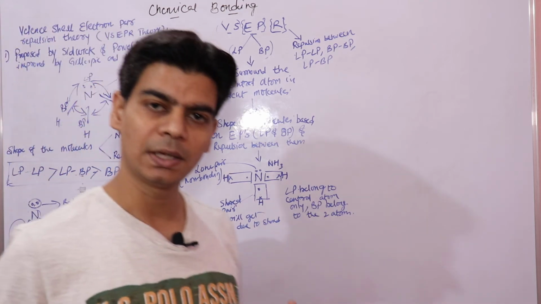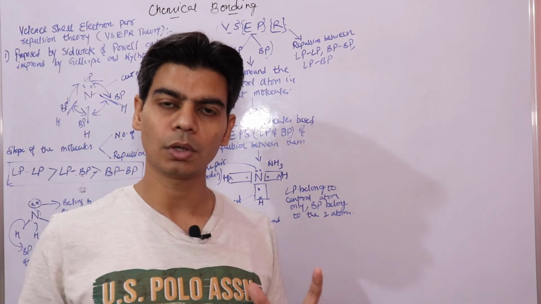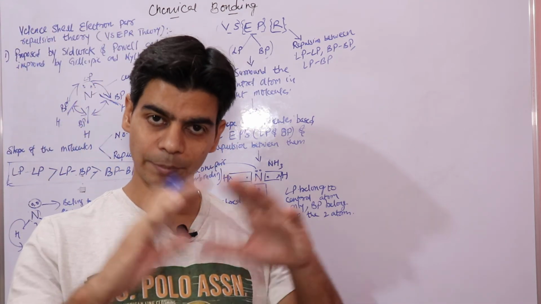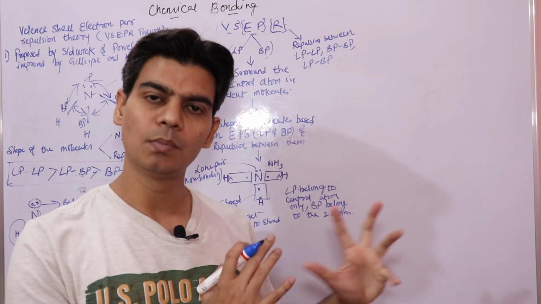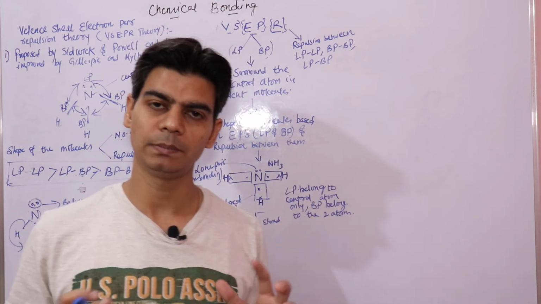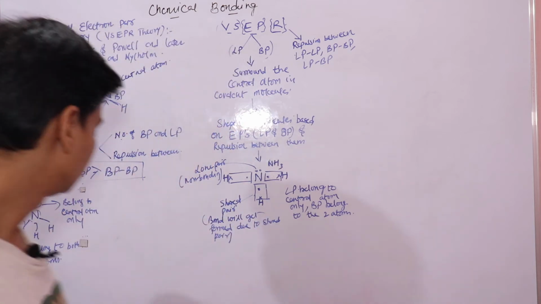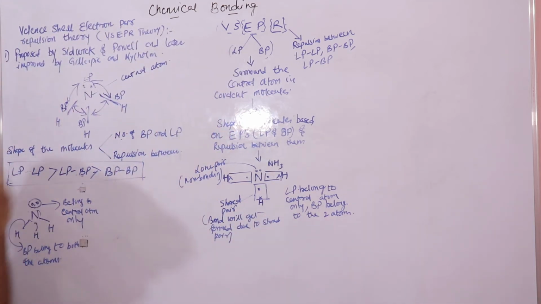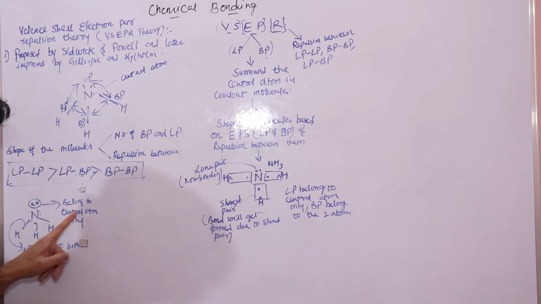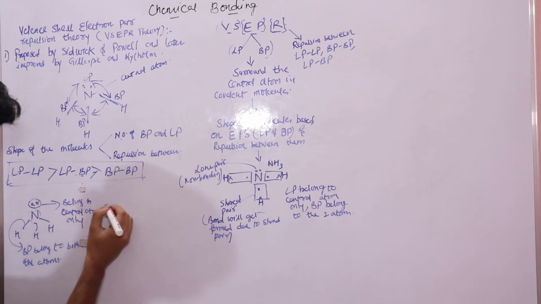So that is why they said that since the electron cloud of lone pair is bigger compared to bond pair, the force of repulsion involving lone pair is maximum, right? That is why the force of repulsion is maximum in case of lone pair. So this belongs to central atom only, this lone pair, right?